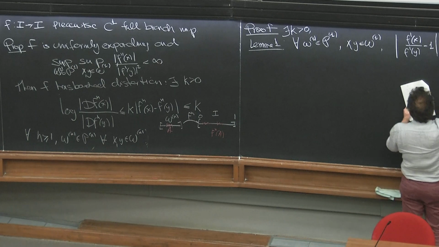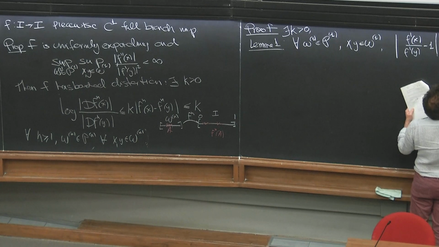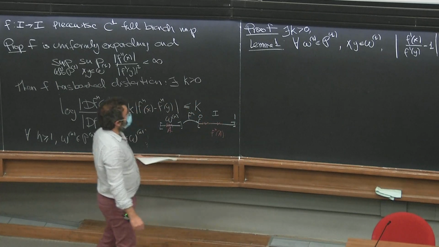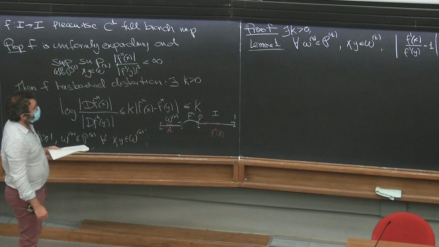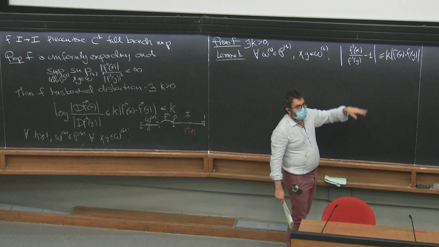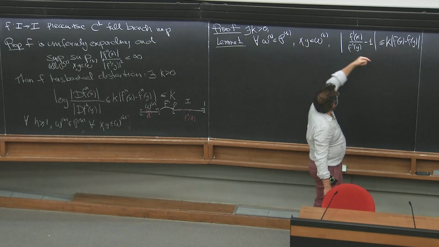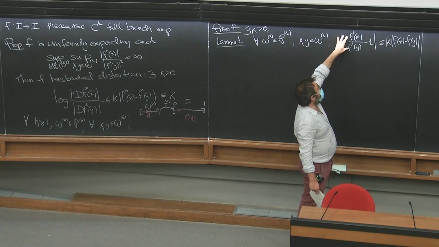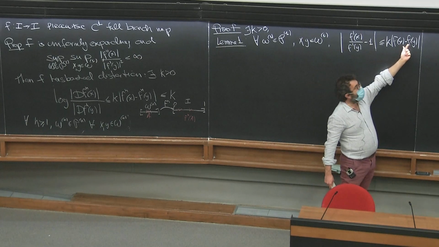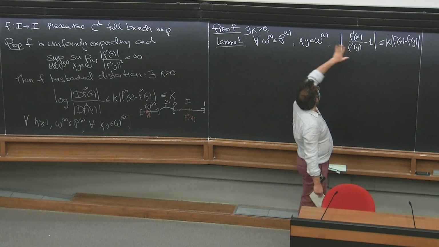There exists a K such that this is K times |f of x minus f of y|. So you see intuitively what you're saying: when x is equal to y, this is 0, right? When x is equal to y, this ratio is 1, so this is also 0. So when x is very close to y, then f of x is also very close to f of y. It's giving you a kind of uniform bound.